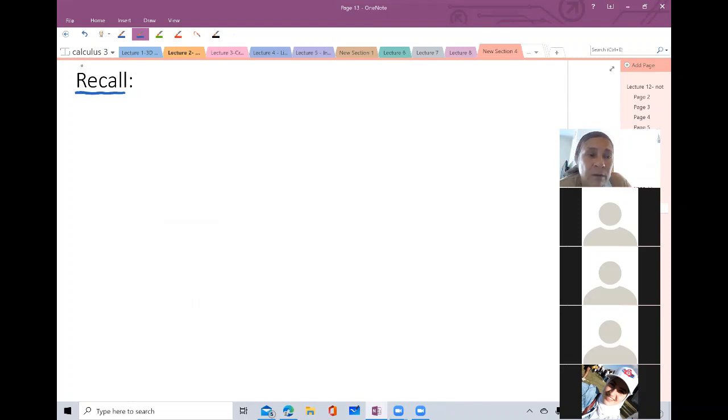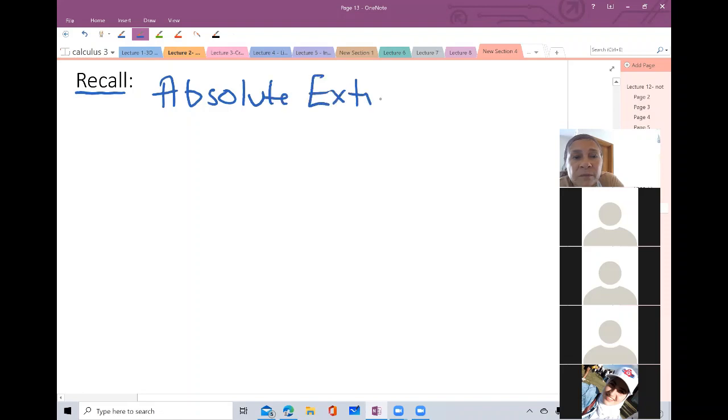Okay? Now what's left for us is the other part, how to find absolute extrema. Actually we said this is a difficult problem, as we saw from the word problem.